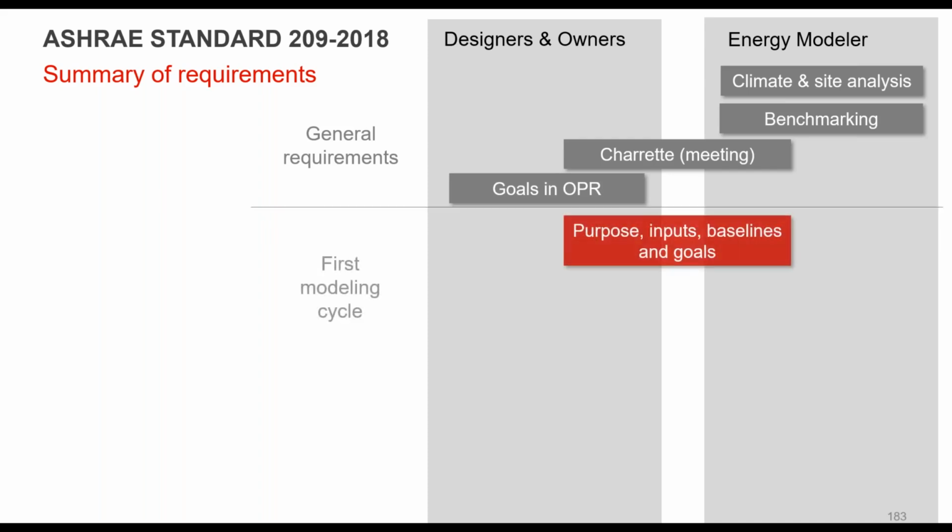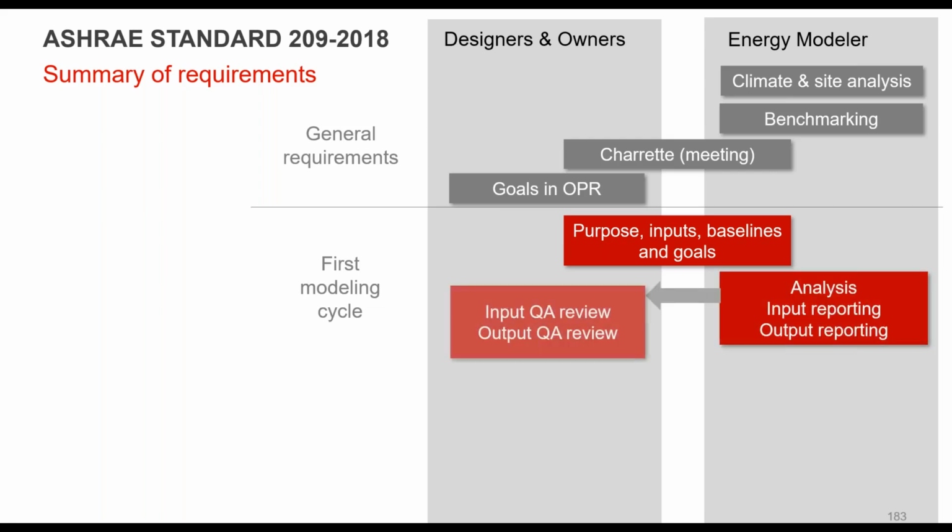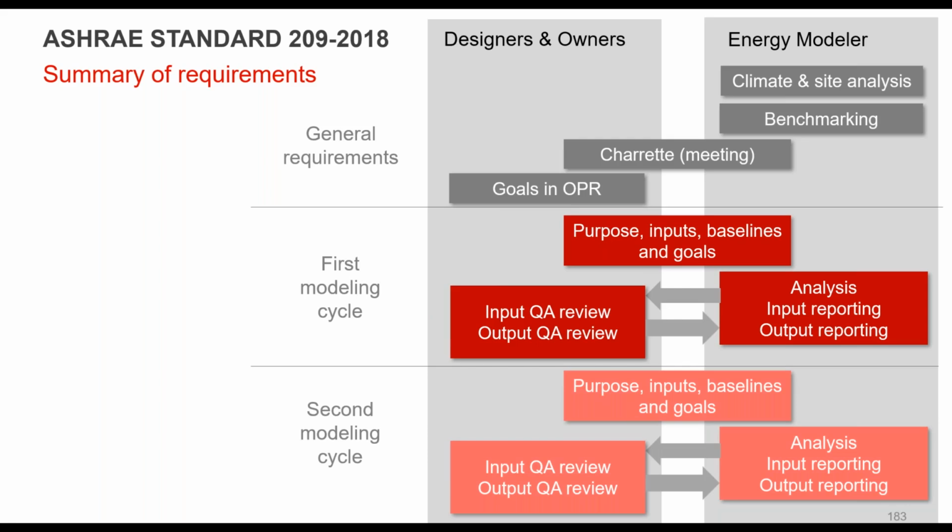Then the first modeling cycle: what is its purpose? The inputs, the baseline, and the goals. The analysis, input reporting, output reporting, and having QA not only by the energy modeler, but by all the members of the team that are affected, to make sure they understand what the inputs and the outputs mean. And then finally, a second modeling cycle, where we're just redoing that again.